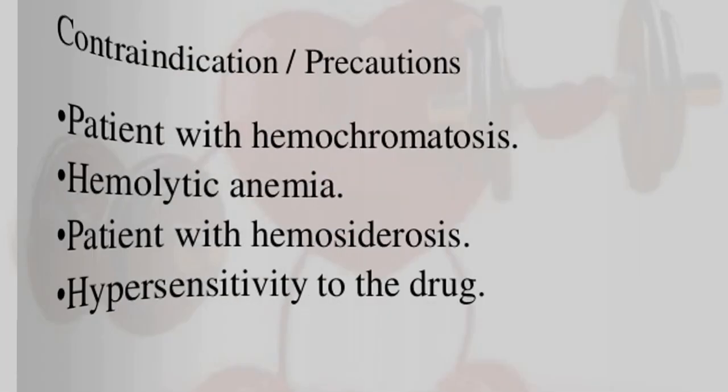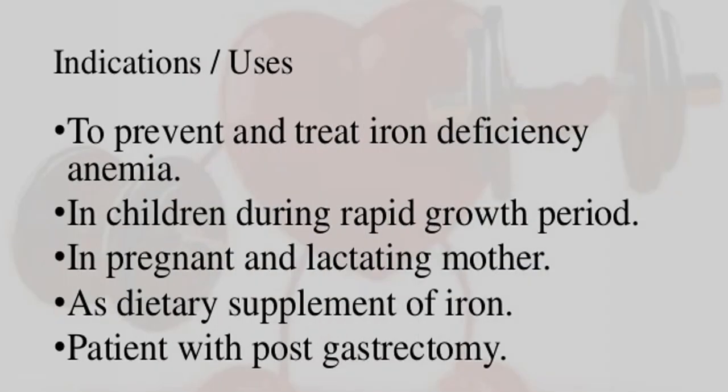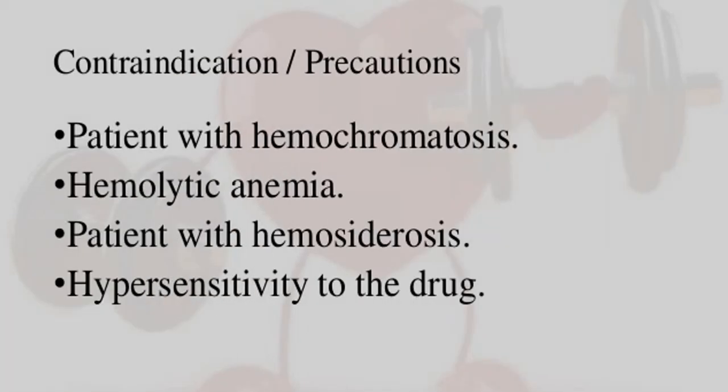Okay. Next one is contraindications. First we discussed indications. After that we discuss contraindications. Indications and uses are complete. After that, contraindications and precautions. What are the contraindications, and what precautions should we take?